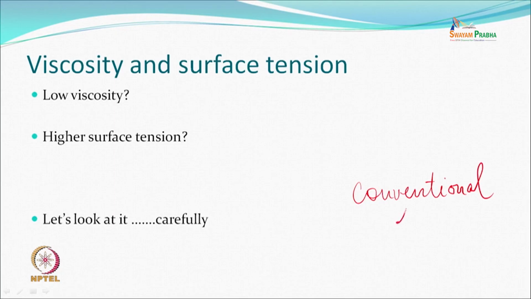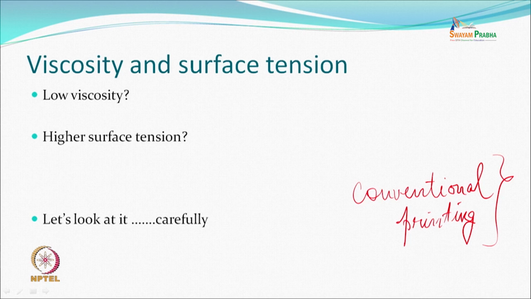So, conventional printing uses print pastes which have very high viscosity. So, we are much away from that. It is a very low viscosity system, and surface tension, we generally expect it to be higher.